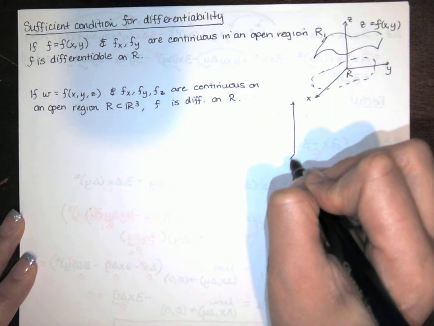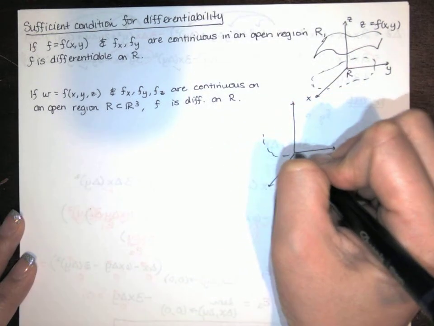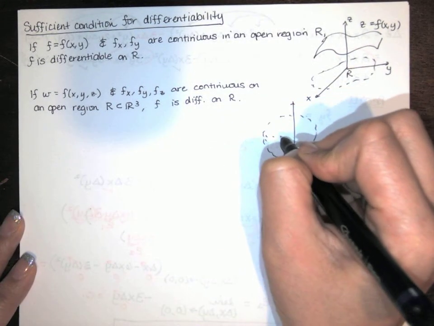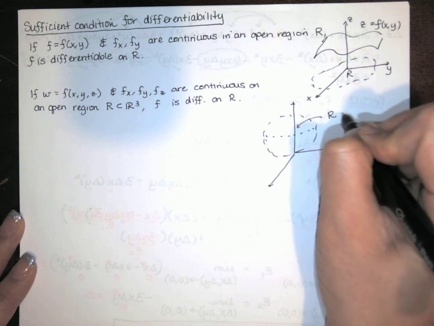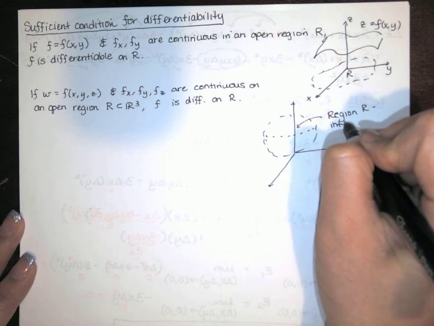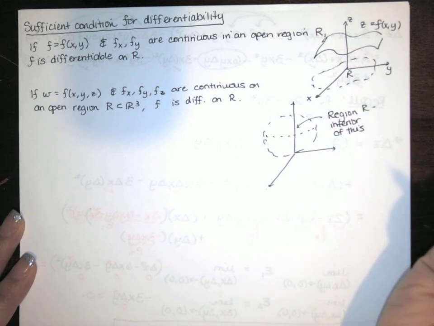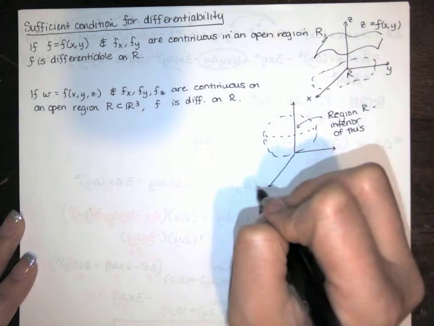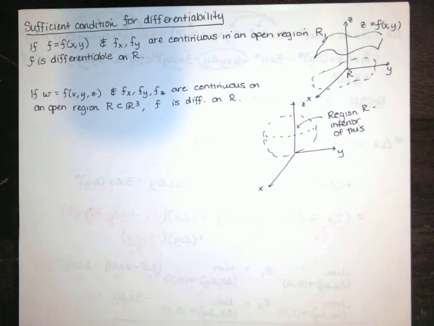So w is going to be defined for regions in three-dimensional space. So maybe we're talking about like a ball that looks like this. Maybe the interior of that is the region R. So it's like a sphere, but we're talking about the inside. If all three of those first partials are continuous there, we're good.